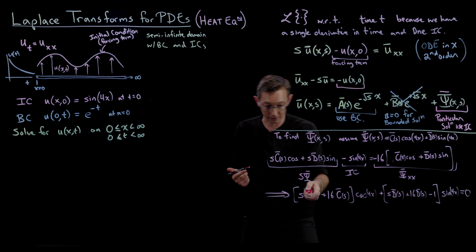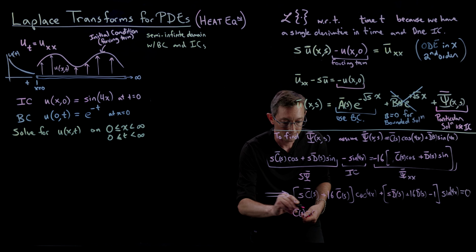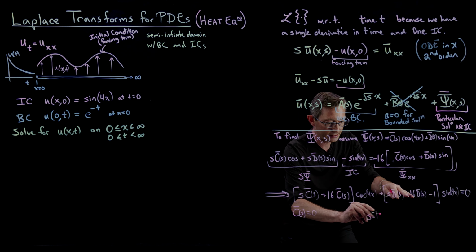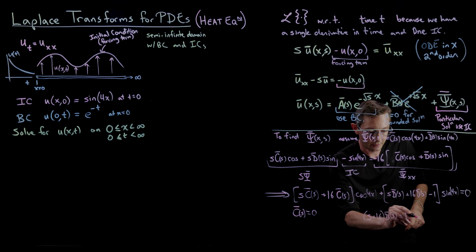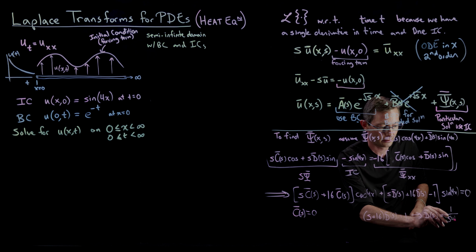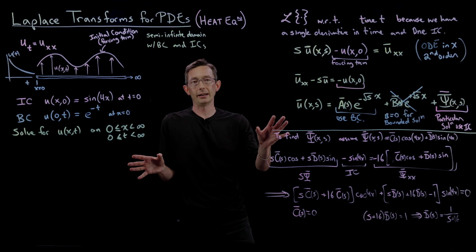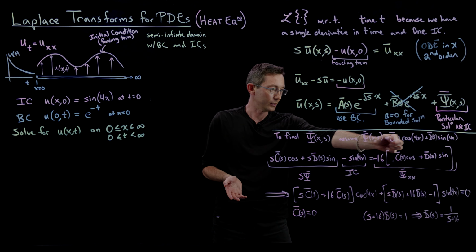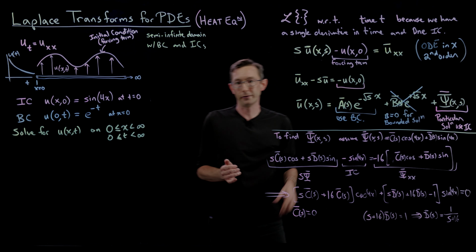And so that means that c of s has to be 0. And d of s is basically s plus 16 d bar of s equals 1, which implies that d bar of s equals 1 over s plus 16. Good. So we have determined now that our particular solution psi is equal to 0 cosines plus 1 over s plus 16 sine 4x.